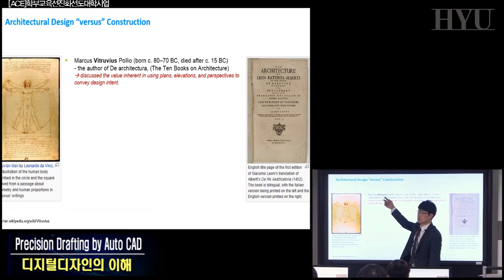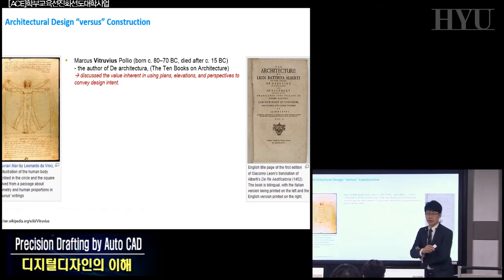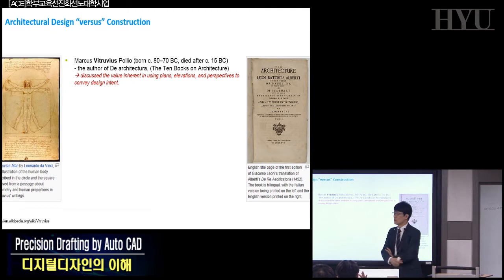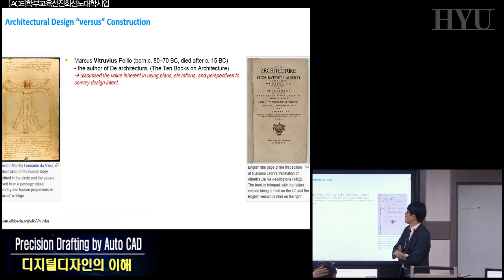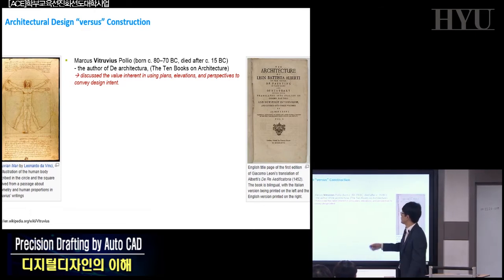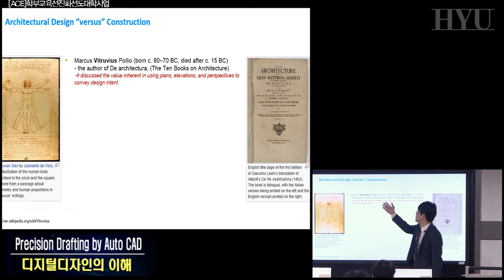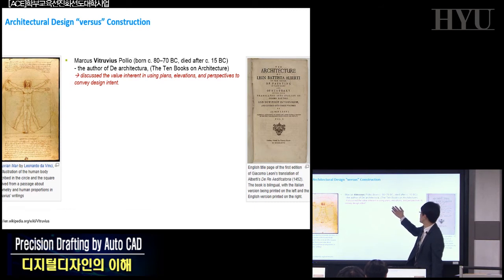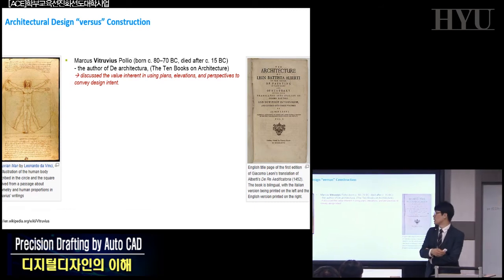This is Vitruvius, also known as the first architect. It's controversial, but anyway, he lived more than 2,000 years ago, a very long time ago. He declared and discussed the value inherent in using plans, floor plans, elevations, and perspectives to convey architectural design intent.